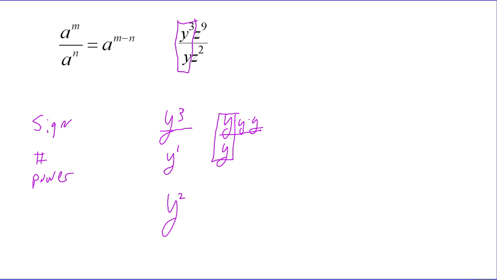By the same token, I would look at only the z's and figure out what the power of z should be. So the power of z is a 9th power of z, 9 factors of z, divided by a 2nd power of z, 2 factors of z. Now I'm only looking at the z's, and that would be simply a z to the 7th.